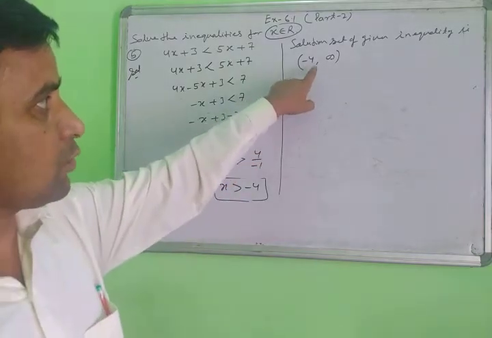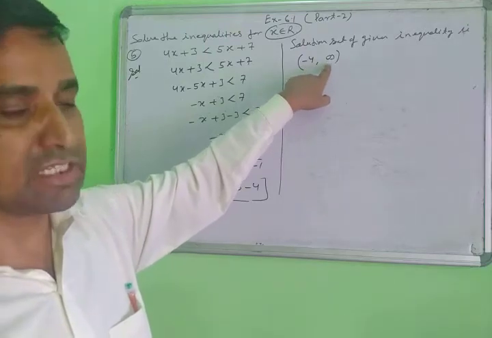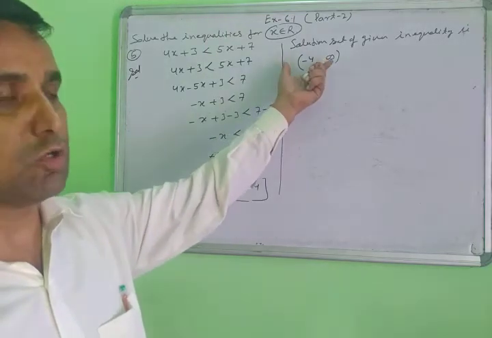So this is minus 4 to infinity, an open interval, which means minus 4 and infinity are not included, only the values between them.